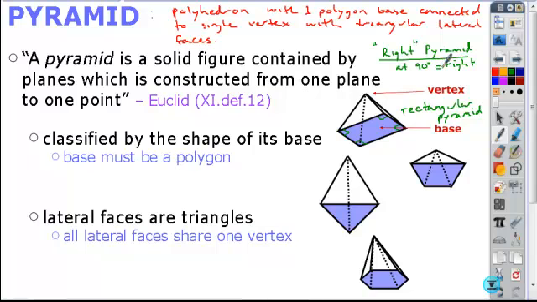So in these top three anyway, each of these pyramids is considered a right pyramid. Its vertex is lined up directly above the center of its base. In a pyramid, that's what will be true for a right pyramid. The vertex will be lined up right over the center of the base.